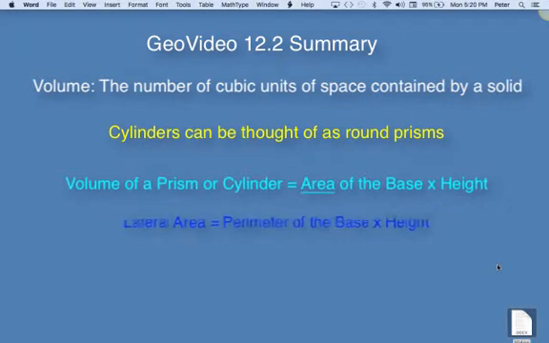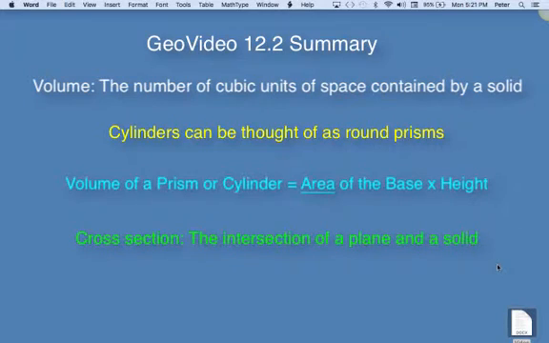and cylinders. Okay, we then moved on, after talking about what the formula was, to recognize something called the cross-section. Now a cross-section was just the intersection of a plane with a solid, and if that intersection intersects the solid that is a cylinder or a prism, as we saw in today's video, and if it's parallel to the base, then the cross-section is congruent to the base.